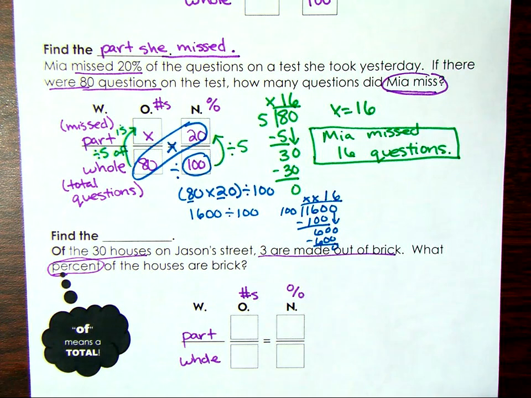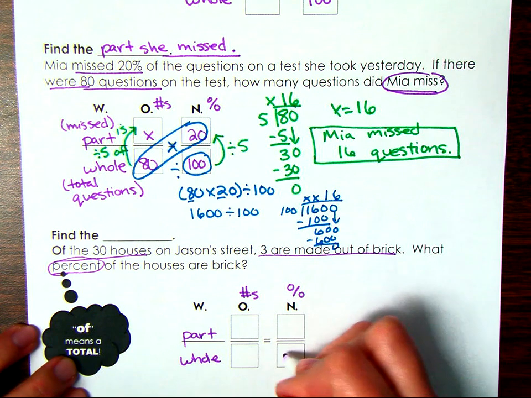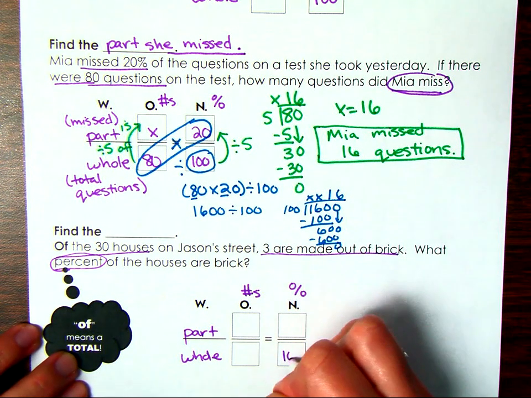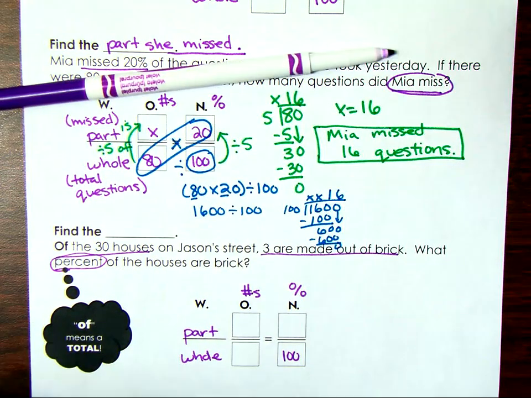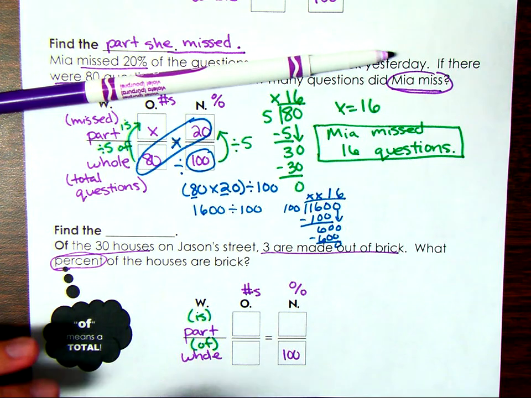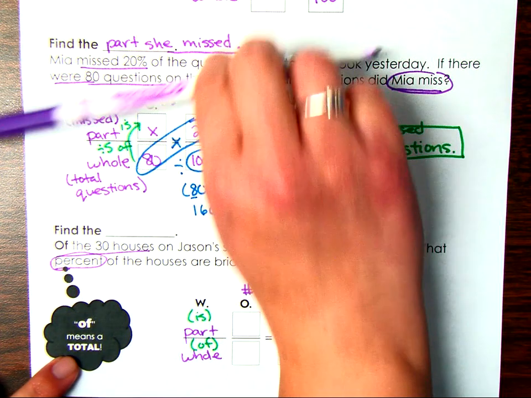So for solving for a percent, this is the proportion table we're looking for. Okay, if we're solving for a percent, or if they give me the percent in the problem, the total percent is always 100, and I'm going to use my keywords is over of. We even give you a little thought bubble, of means total.